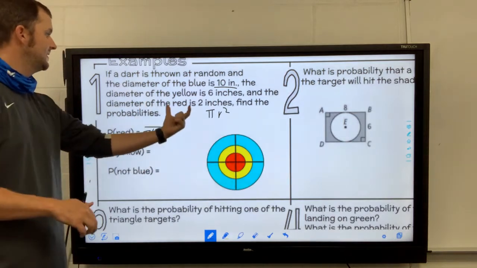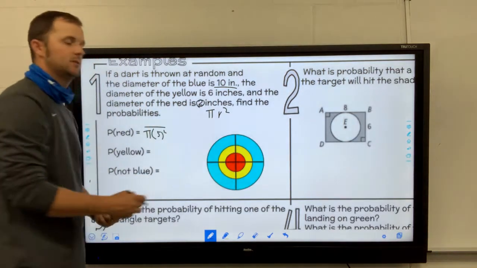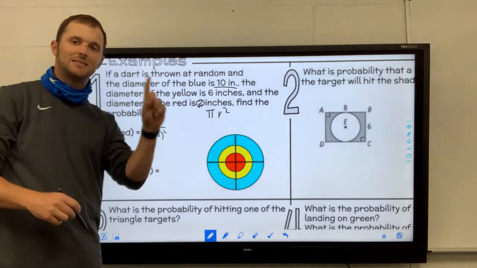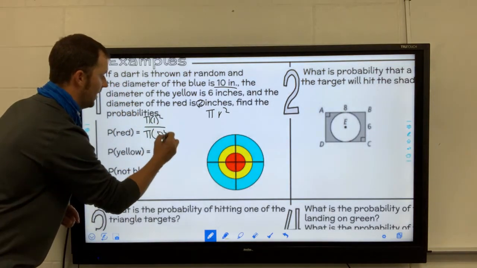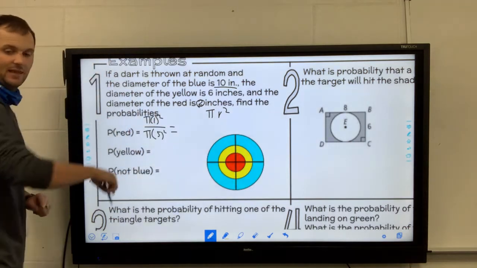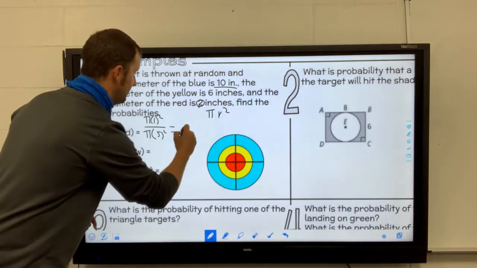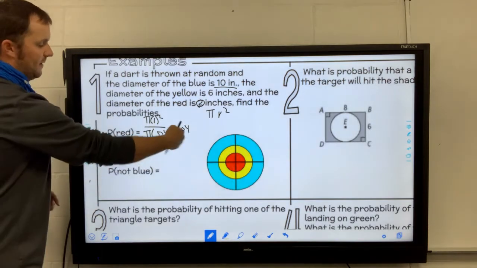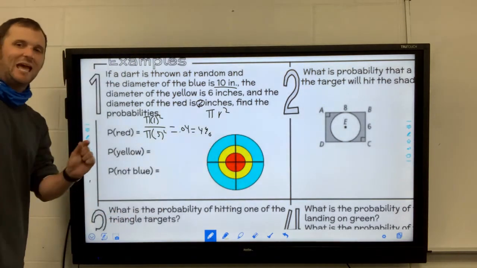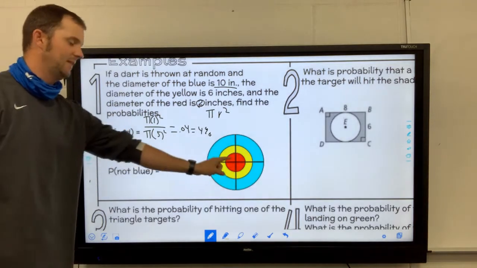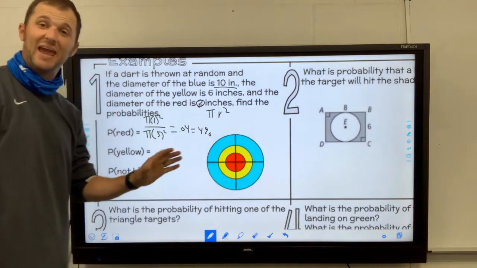The diameter of the red is 2 inches, so the radius is 1. So I'm going to do pi times 1 squared. Whenever I type this in the calculator, it gives me 0.04, which if I move that 2 decimal places over is a 4% chance, a very small chance that I'm going to hit that target, just by the area.